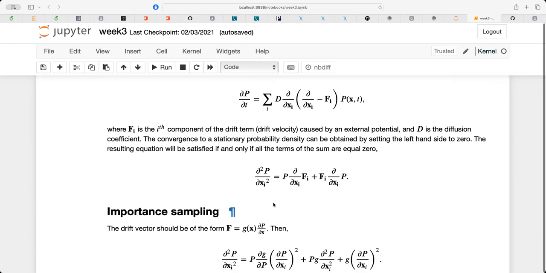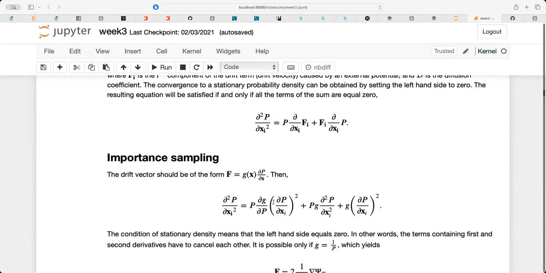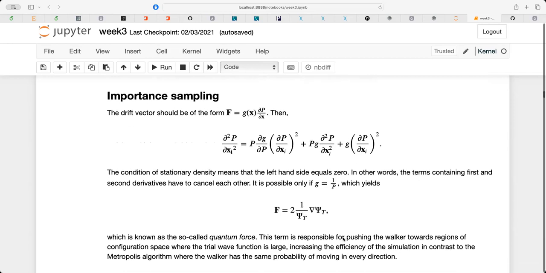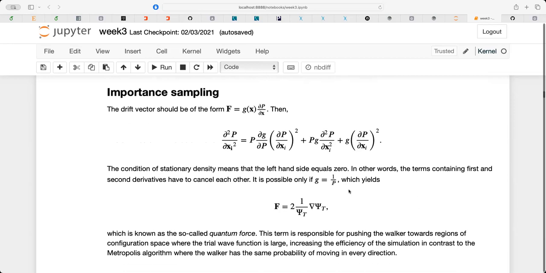So this F, when you do the algebra here, and I invite you to do that as a small exercise, you can actually find that F is proportional to the gradient of the trial wave function you have. So this is the way we are now going to implement the solution to the problem, to find the way we're going to make the transition.